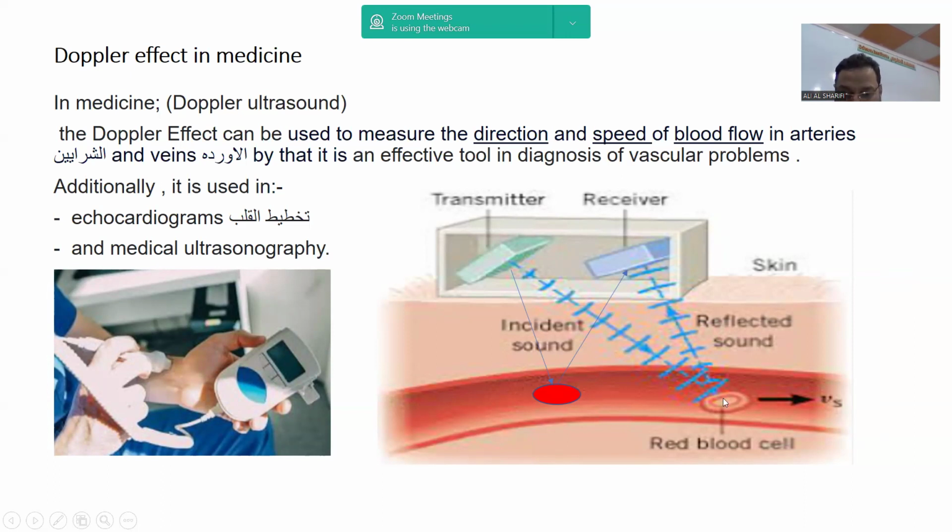By that, we can measure the power, the speed, and the direction of the blood cell in arteries and veins. By that, it is an effective tool in diagnosis of vascular problems. Additionally, it's used in echocardiograms and medical ultrasonography. This technique is used in all of these previous ones, okay?